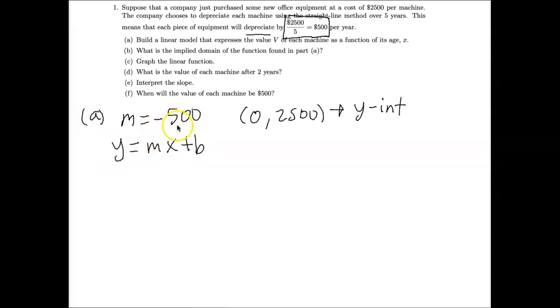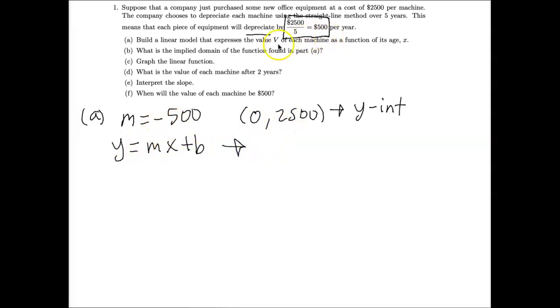And since the office equipment is purchased new, that's telling us that when x is 0, the cost is 2,500. And then that point is a y-intercept, and so since we have the equation of the line y equals mx plus b, which is in slope y-intercept form, and we have the slope and we have the y-intercept, we're essentially done.